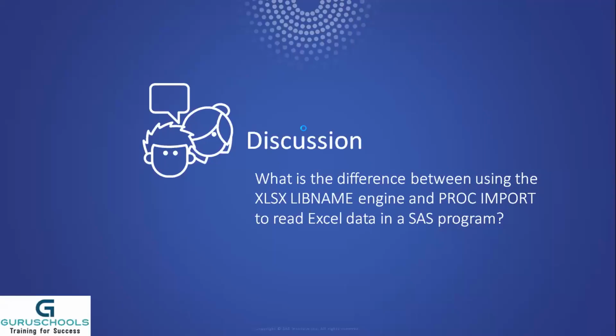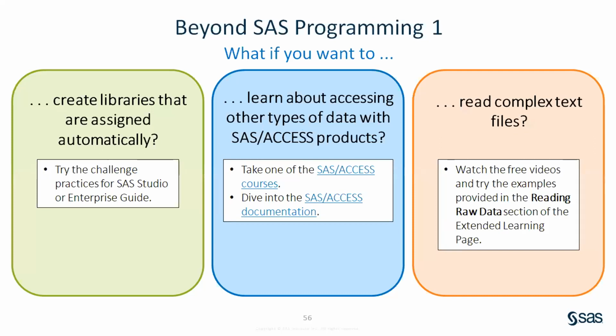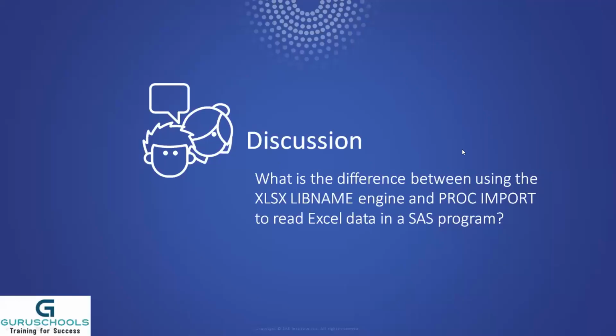Before moving into the next topic, let's discuss the difference between using the XLSX libname engine and proc import to read Excel data in a SAS program. I have already discussed this, but let me know your understanding now. What if we use libname and how is it different from proc import?